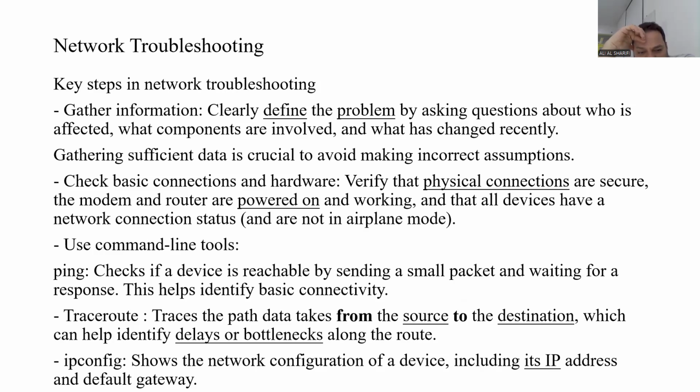Traceroute is another one of the key steps in network troubleshooting. It tracks the path data takes from the source to the destination. That means the cycle, the way, which can help identify delays or bottlenecks along the route, some damage in the route.